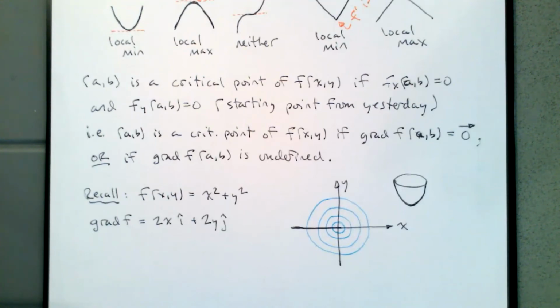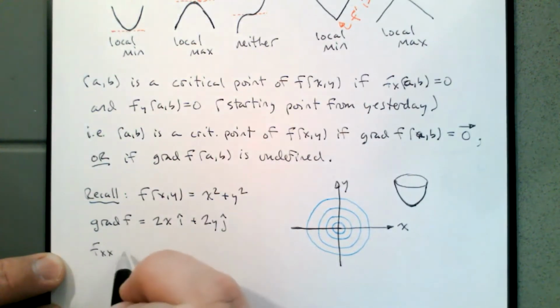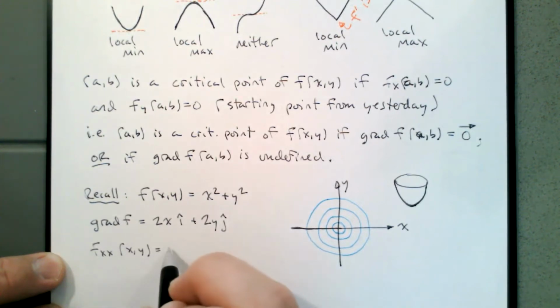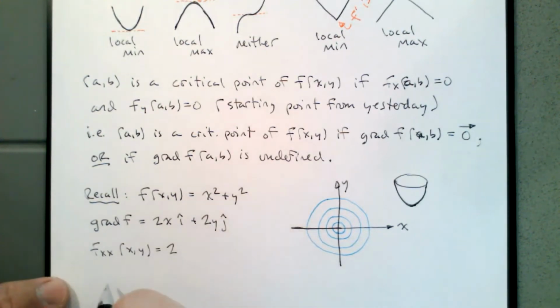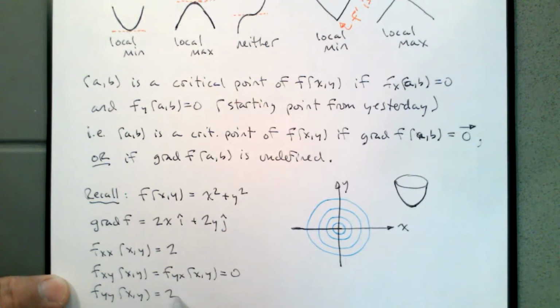And we even looked at second partials. Two of the second partials were very telling. fxx at any point xy is 2. fxy at xy and fyx at xy were both equal to 0, and fyy at xy was equal to 2.